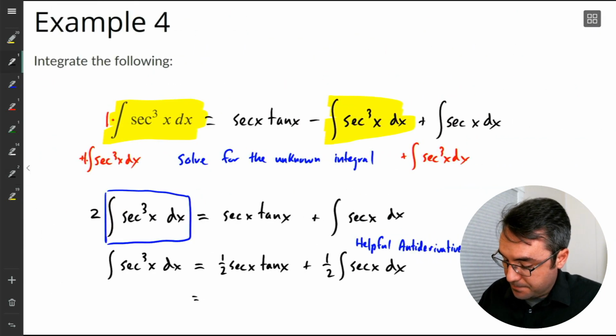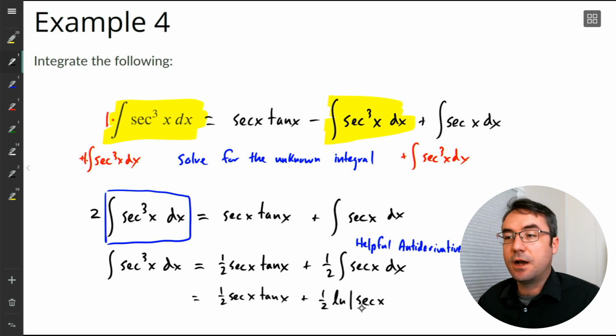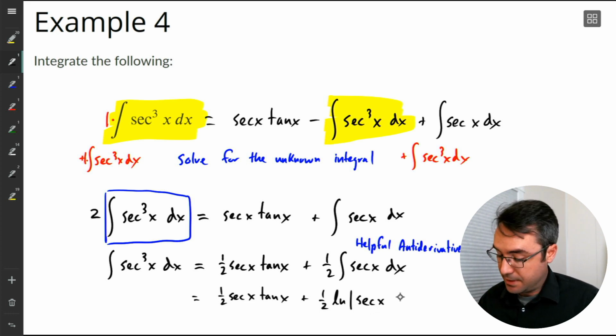And when we do that, we're done with this first part. We have our plus 1/2, and then we're just filling in that the integral of secant is the natural log of absolute value secant plus tangent. And then we have our plus c.